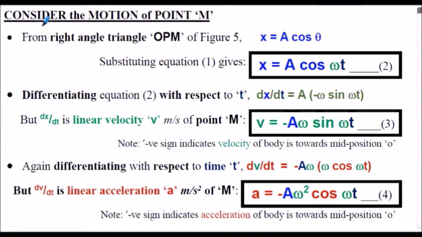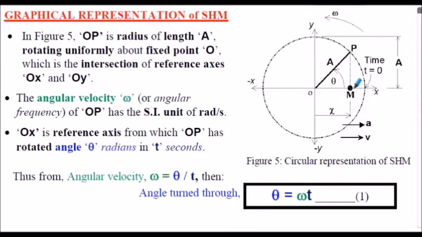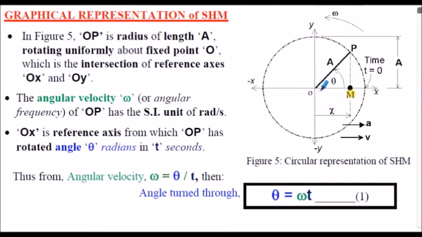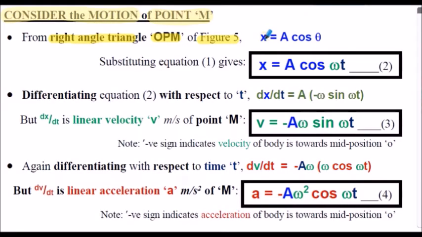Let's consider the motion of point M in figure 5. So this point here on our graphical representation. From the right angled triangle OPM in figure 5, so this right angled triangle here, OPM, we can derive the expression for displacement x as A multiplied by cos of theta.